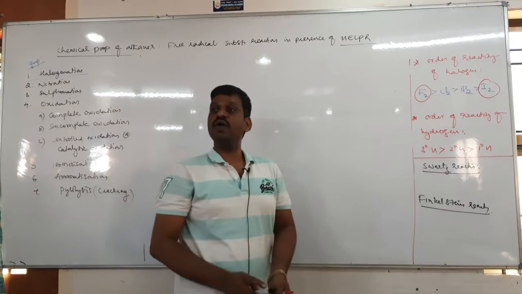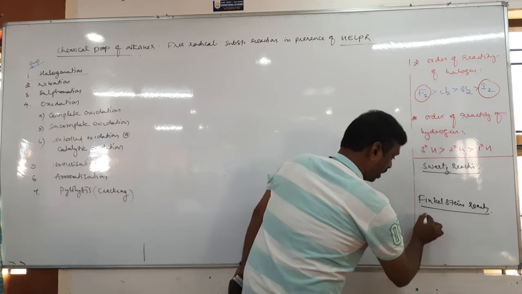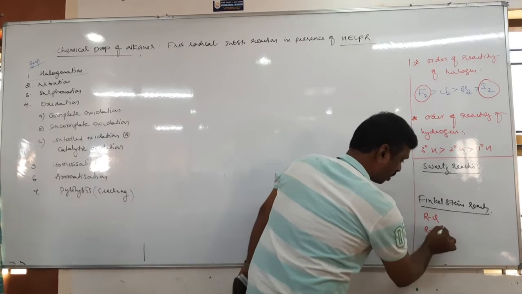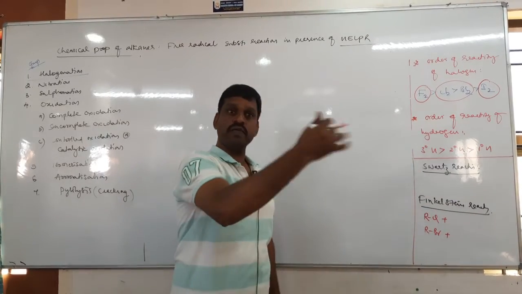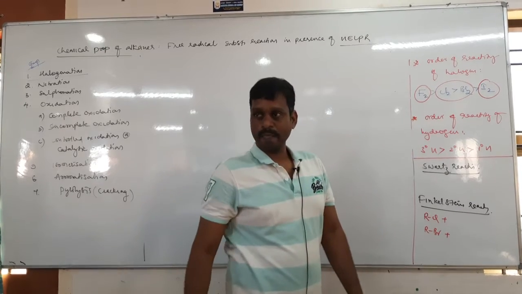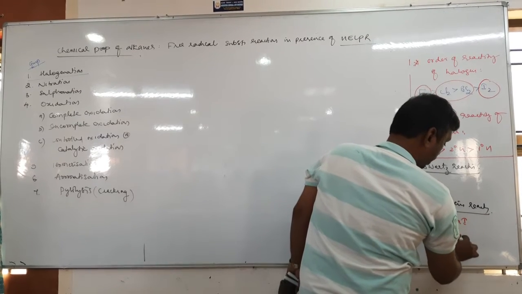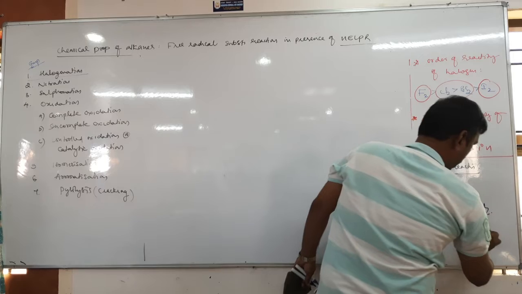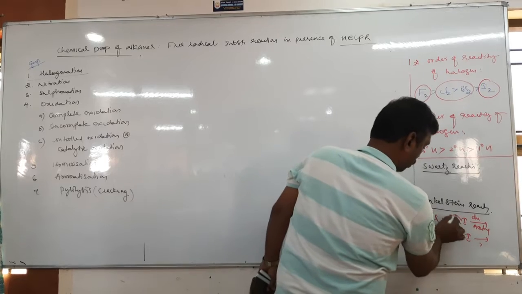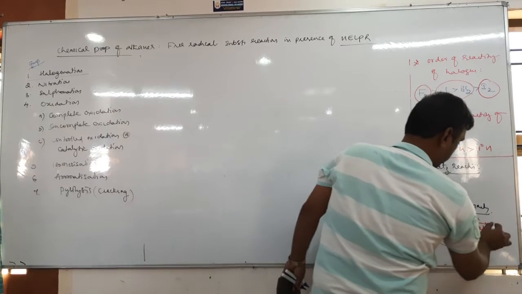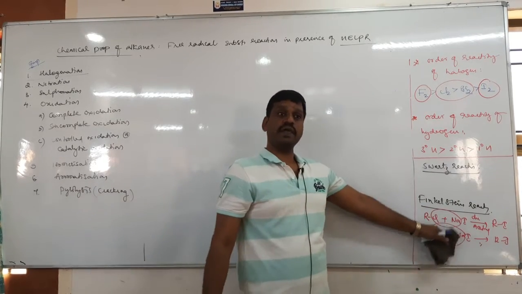It is used to prepare iodoalkane, the opposite. In the Finkelstein reaction, you take either chloroalkane or bromoalkane, because chloroalkane and bromoalkane can be prepared; chlorine and bromine are not very reactive, even slow also. So chloroalkane or bromoalkane reacts with sodium iodide in the presence of dry acetone. Then NaBr or NaCl is removed and you get the corresponding iodoalkane. Therefore, this is the indirect method to prepare iodoalkane.